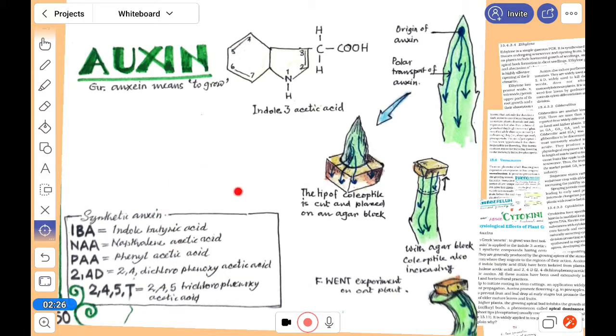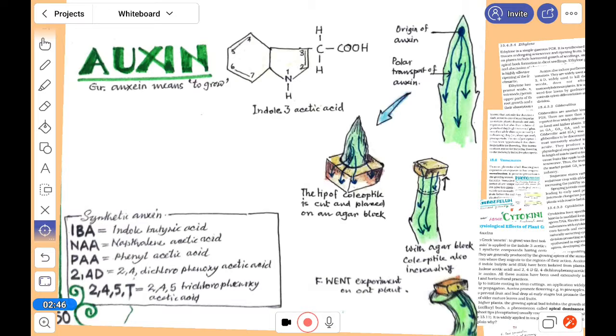Now, auxin helps in growth. So growth in which place? The growing part of the plant, the apical part, the top of the plant, and the root also.